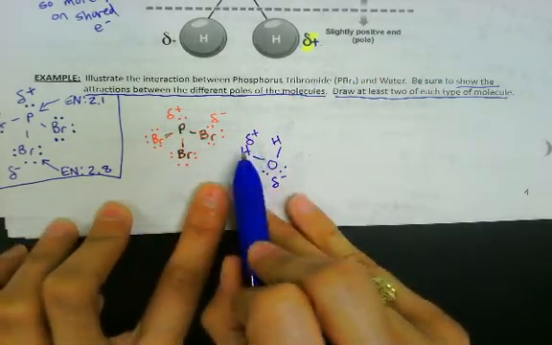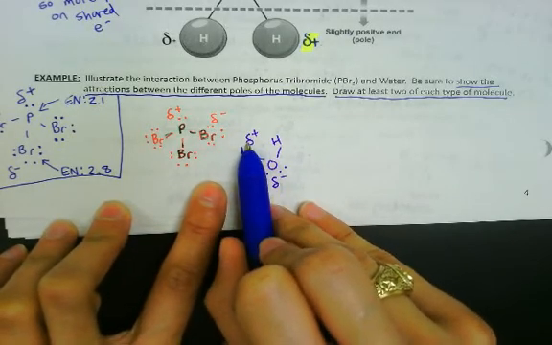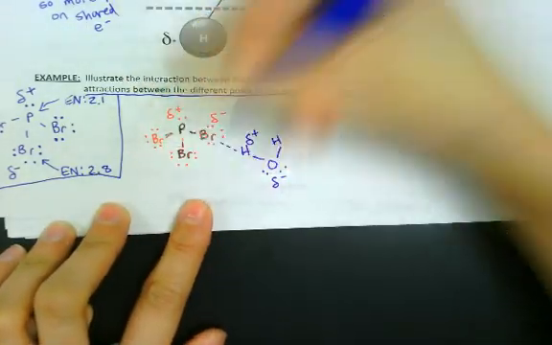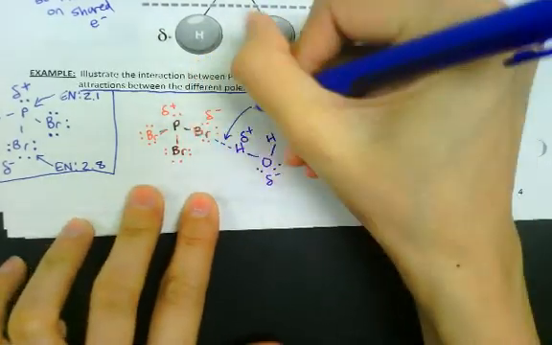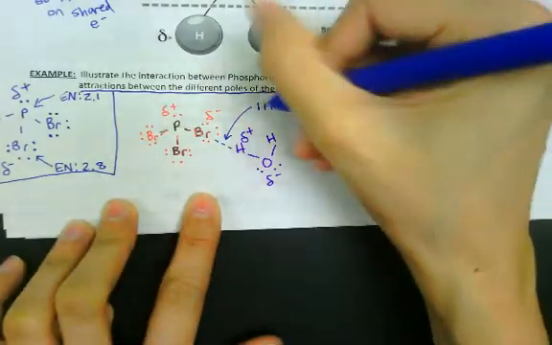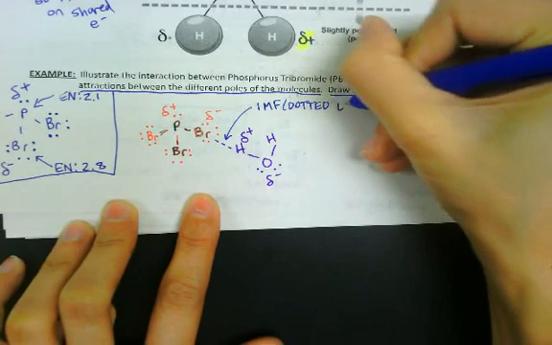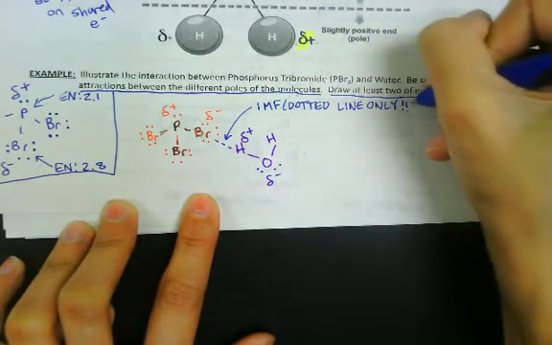And what we can do is show the attraction between this partial positive hydrogen and this partial negative bromine by drawing little dashed lines, okay? So this is an intermolecular force. You are going to represent intermolecular forces with a dotted line only, okay?